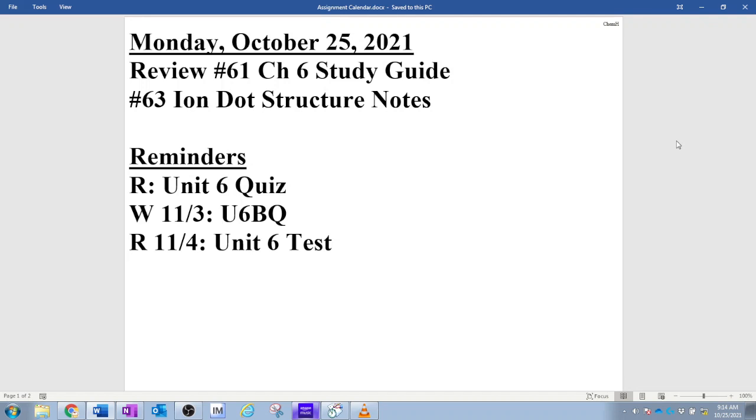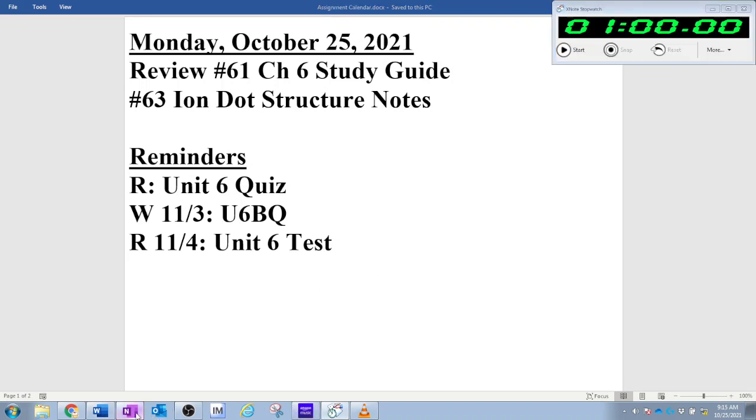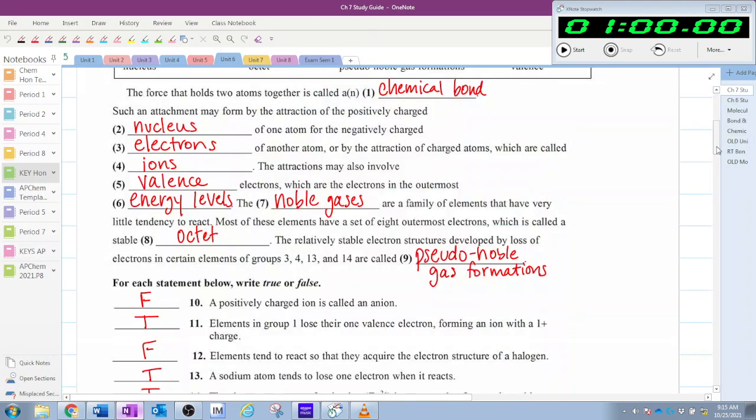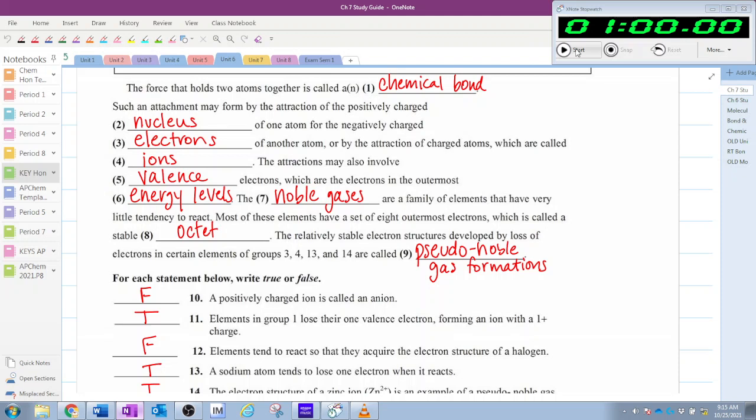So with that, let's start off on the left side of the front, which is fill in the blank and some true false, I believe. Yep. So we'll get this whole side in a minute. I'll scroll down halfway through.